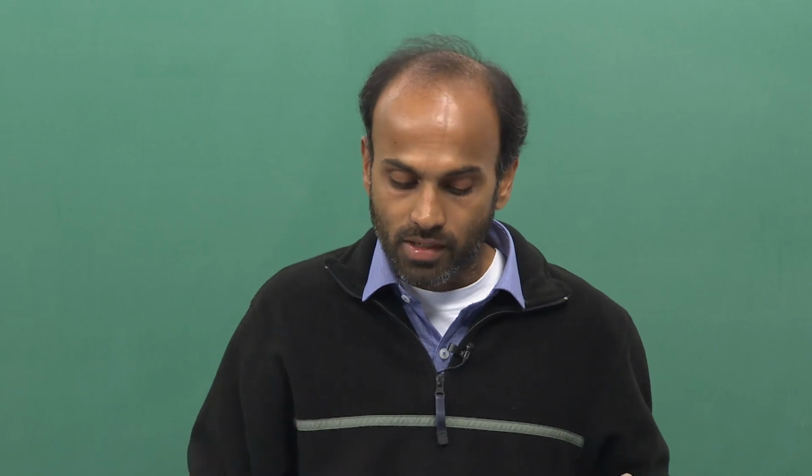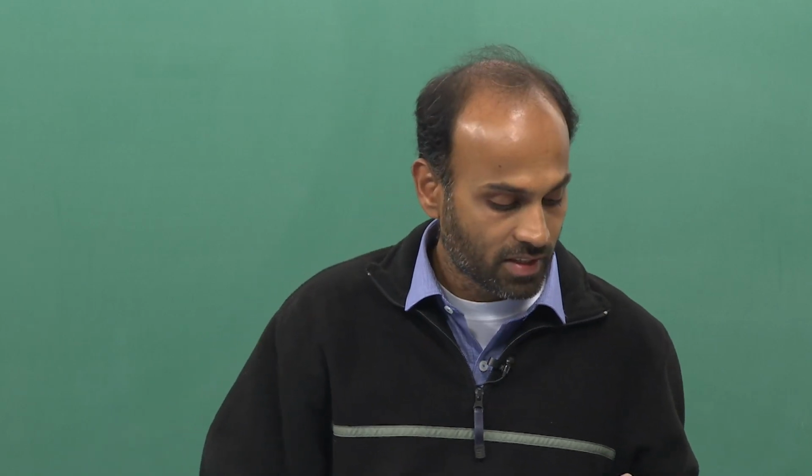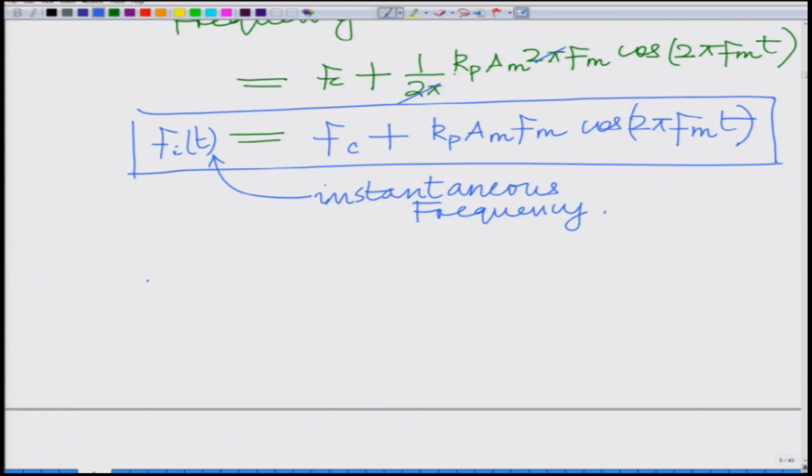Okay. Now, this is f_i(t), let us find the frequency deviation of this.